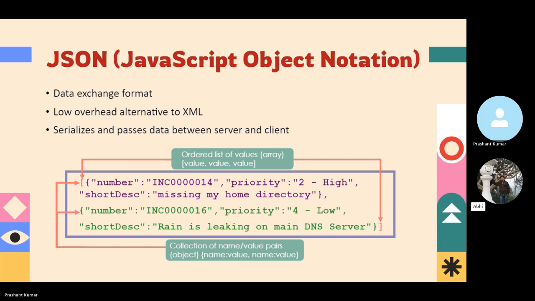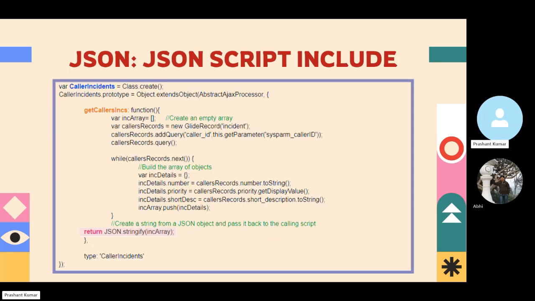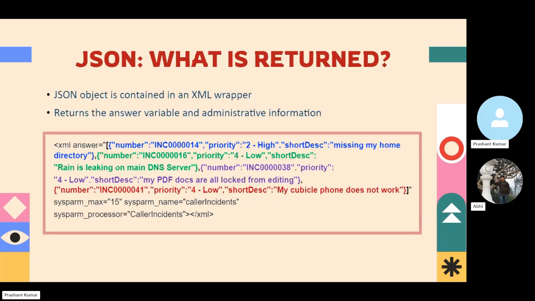So that way we will call the JSON side of execution. You will see we are using a while condition here because we have to return multiple records.